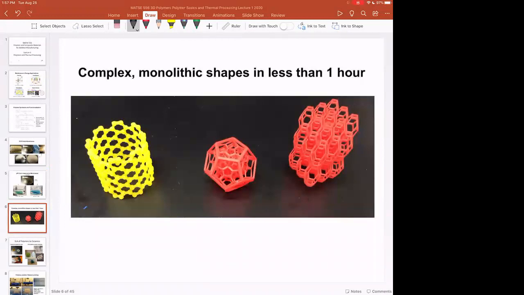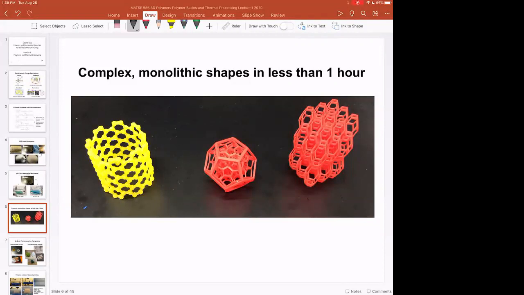If you're familiar with stereolithography and photopolymers, you know that you can produce things like this relatively easily. These are all small demonstration parts on the order of a few inches on a side. But these, again, are photopolymers made using a Formlabs or another type of stereolithography or digital light projection printer.